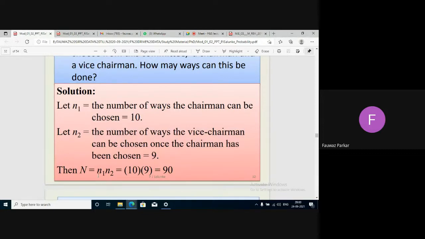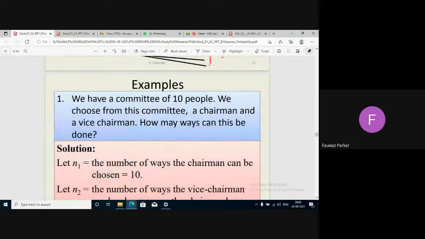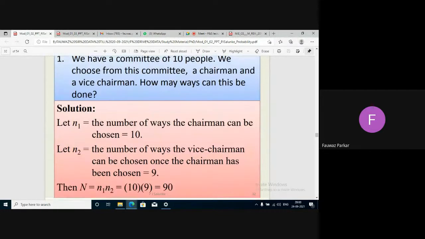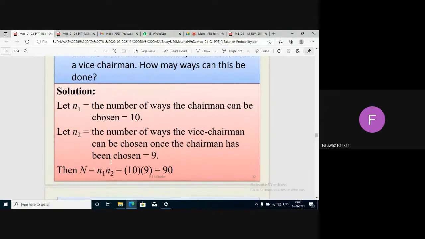Now because these are independent events, choosing a chairman and selecting a vice chairman, the number of ways in which they can be selected will be 10 into 9. Suppose the first person is selected as chairman, so उसमें 10 ways can be there for selecting a chairman. अब बाकी के जो 9 बचे उसमें भी again one can be vice chairman.